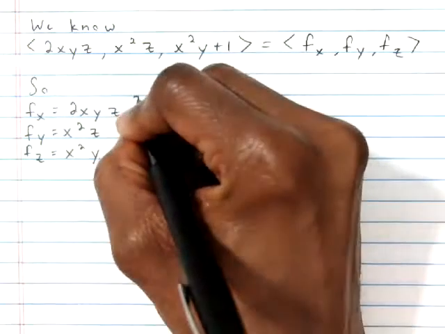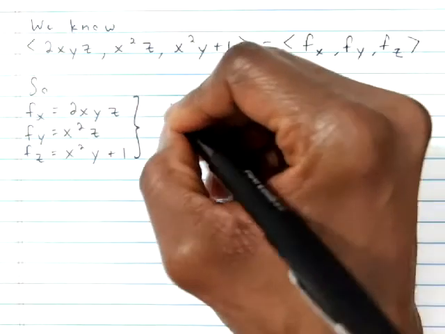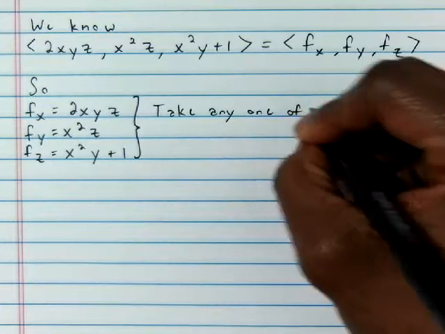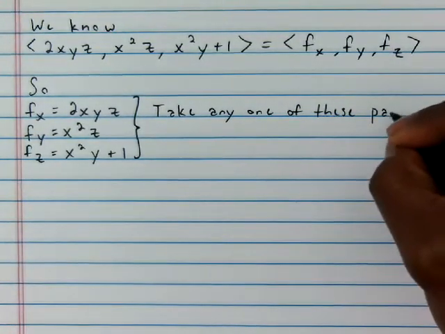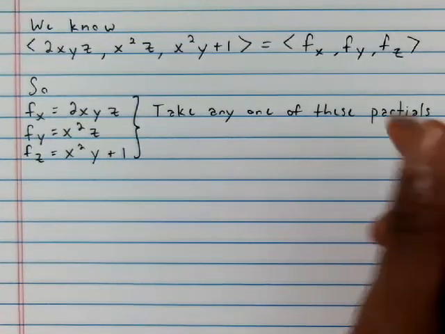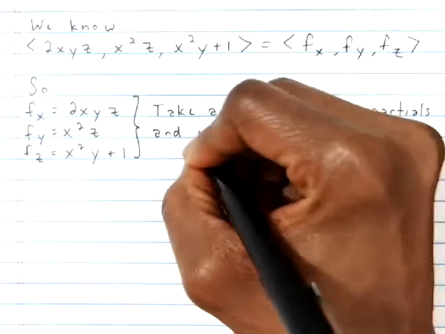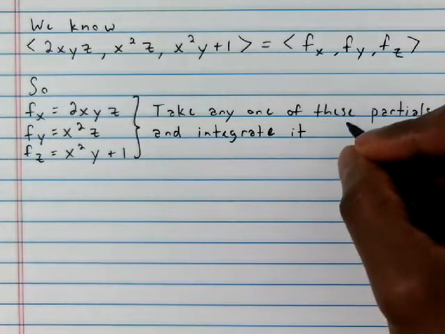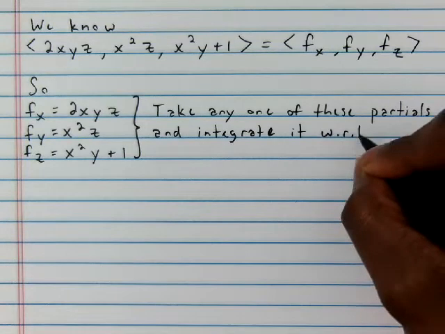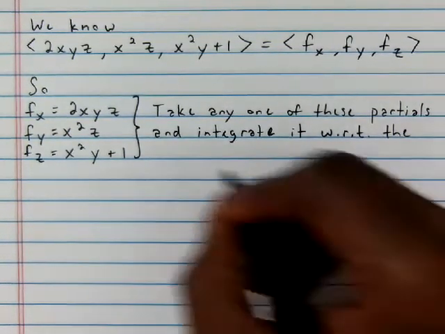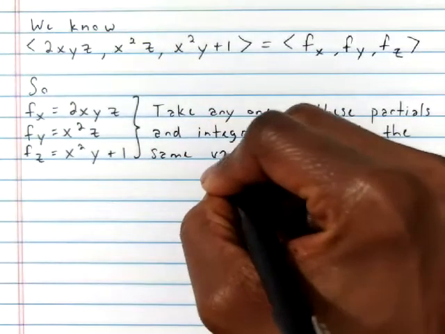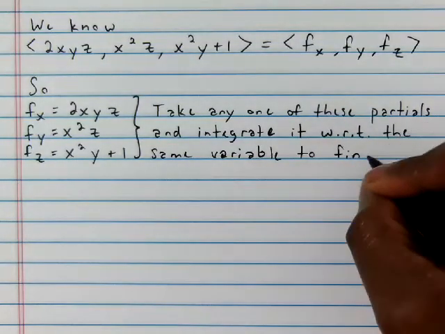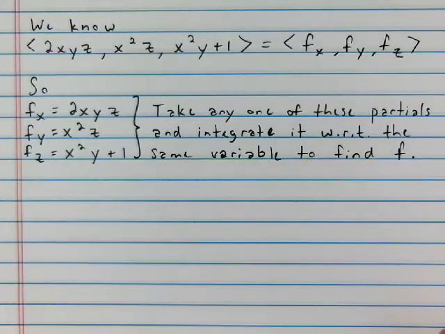What we can do is take any one of these partials and integrate it with respect to the same variable to find f. That's going to be the start of our process.